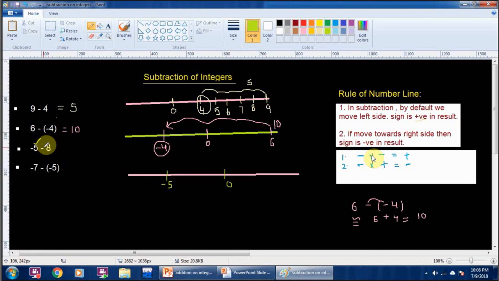Eight is on the right side of the 0, which is positive. It means I have to walk from -5 to 8 toward the right side. So up to 0 it is 5 steps, and then 0 to 8 is 8 steps. Total are 13 steps. As we are moving toward the right side, the answer would be minus 13.